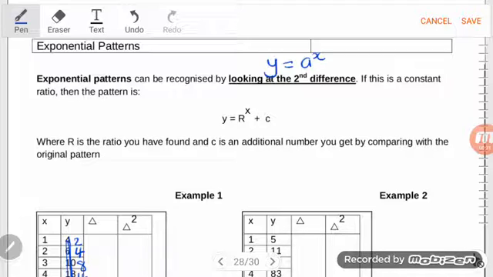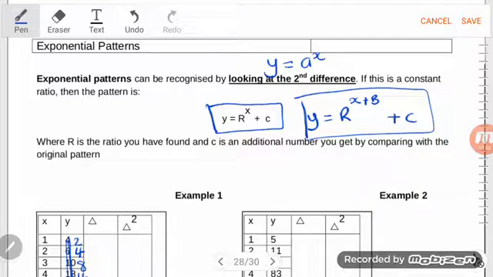Our general equation could look something like this, where we could have plus something at the end, or we might even end up with something like this: y is equal to a or r, whichever letter you pick, some number to the power of x plus or minus something. I'm going to use b up here, and then you could end up with some constant term. So there's lots of ways that this equation could look.